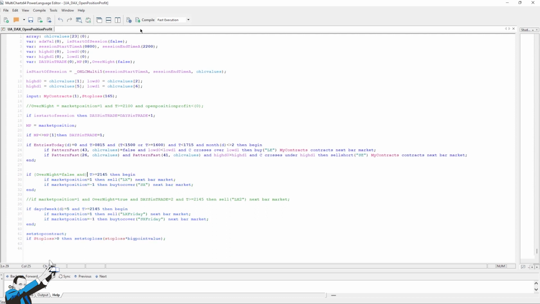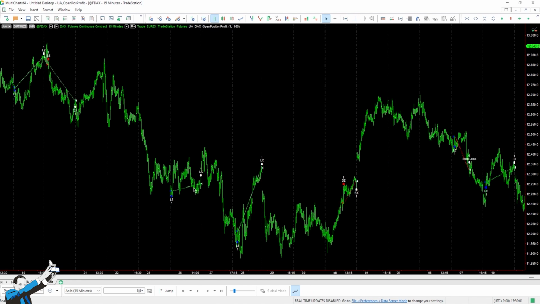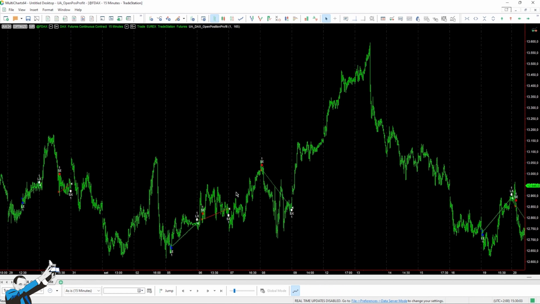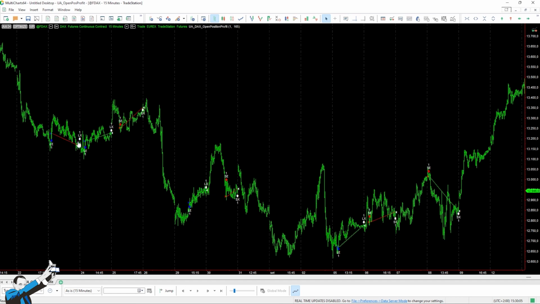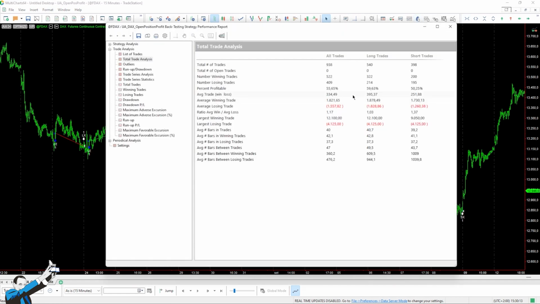And it won't hold open positions, even if the open position profit is less than 0. Here we can see that the strategy always closes, also the long trades. Let's take a look at this. Here, for example, in this case, do you remember? Theoretically, this trade wasn't closed before.